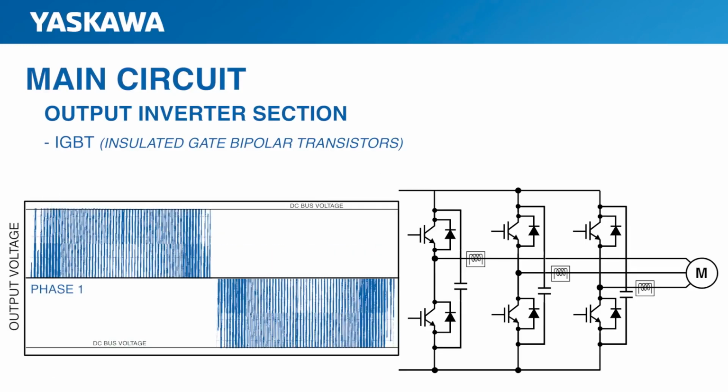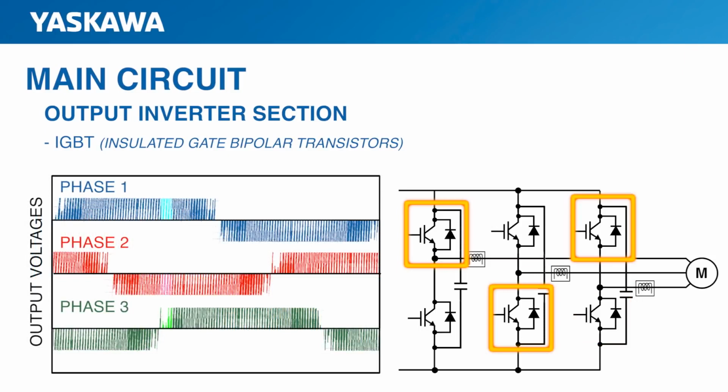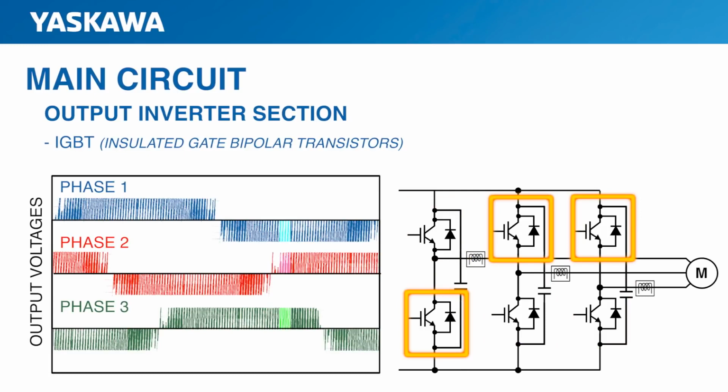One IGBT will take power to build the upper part of the wave, then another IGBT builds the lower half of the wave. Now remember, we have a three-phase motor, so typically 3 IGBTs are on at a given time to generate simulated AC voltage waveforms to the motor.